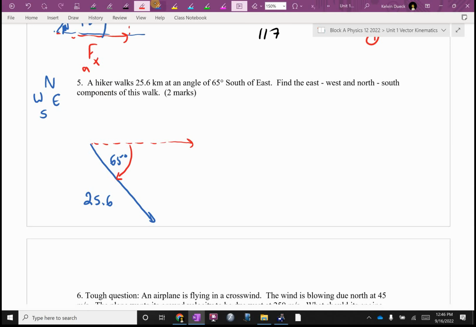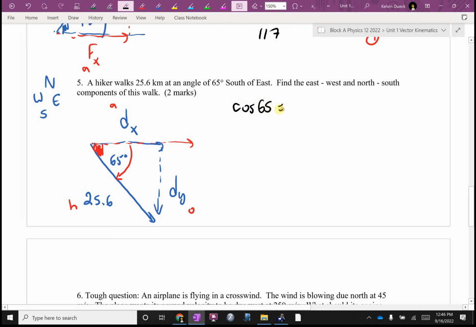So that's going to be, I guess since it's a distance, I'll use the letter dx. And because it's a distance, I'll use the letter dy. Opposite, adjacent, hypotenuse. I guess dx is going to be cos. So cos 65 equals dx over 25.6.